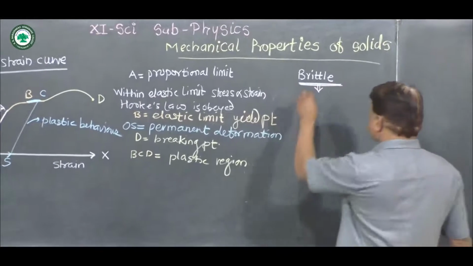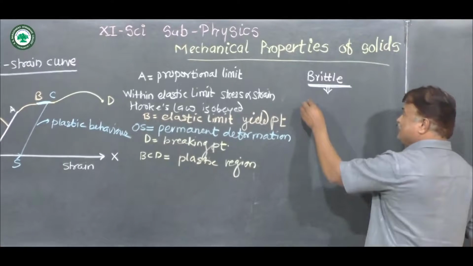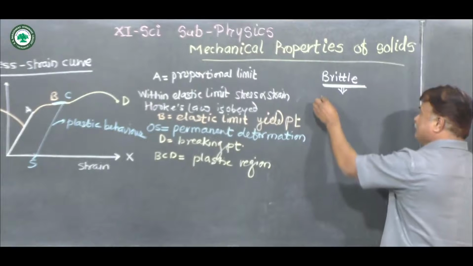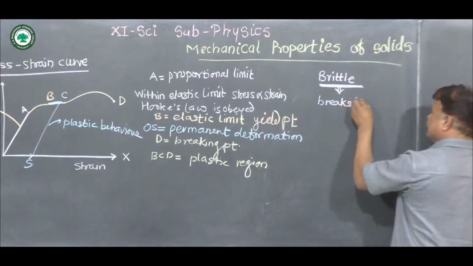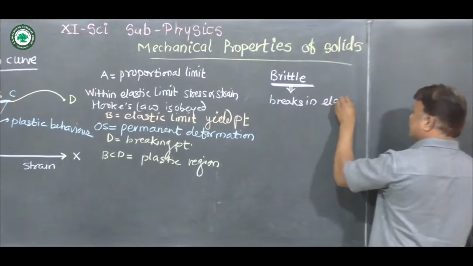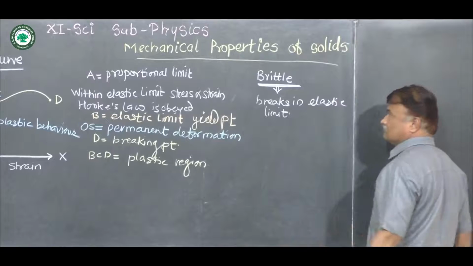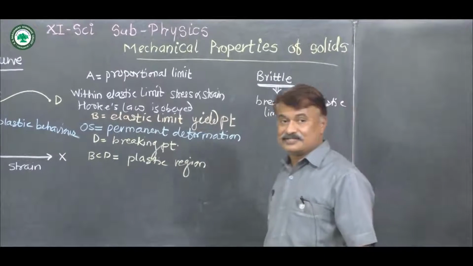So in case of brittle substance, we can say that it is a material in which wire breaks within the elastic limit. Such substance is called as brittle substance.